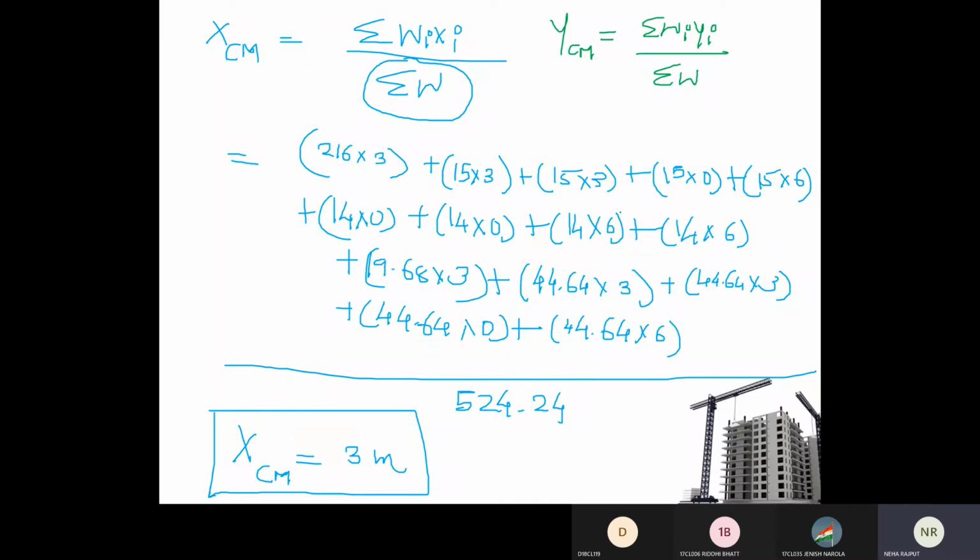You get 3 meter. Later on we will check whether you are getting it or not.